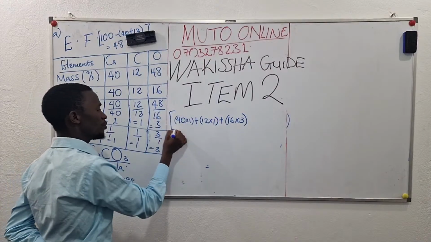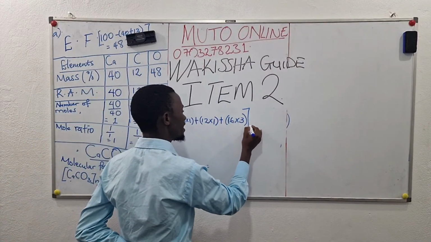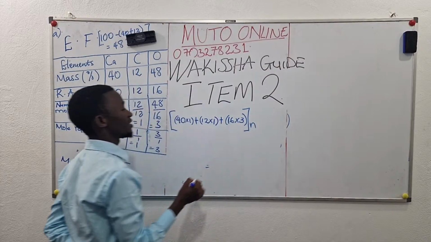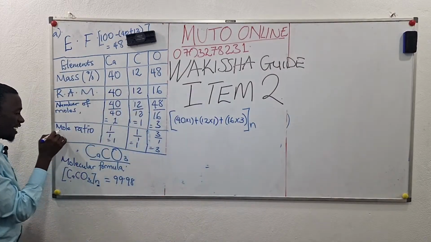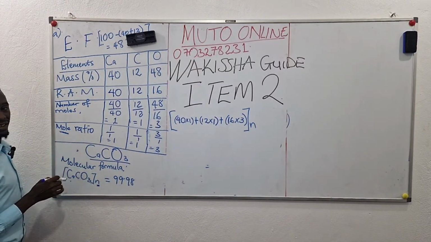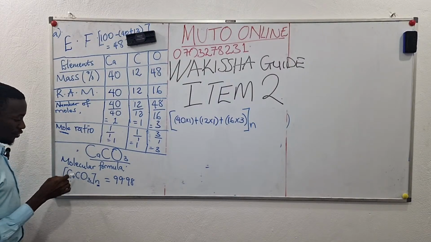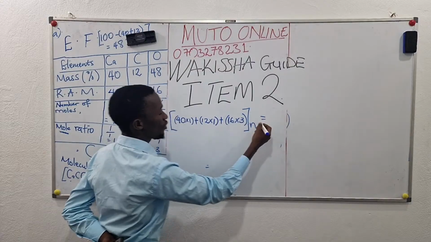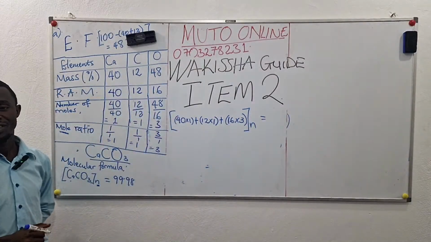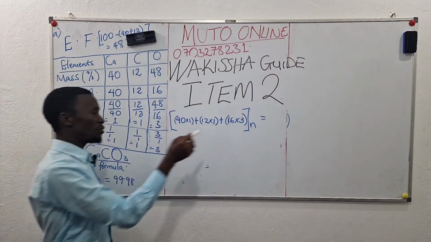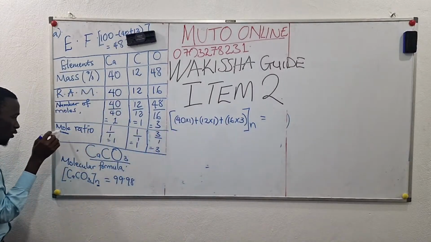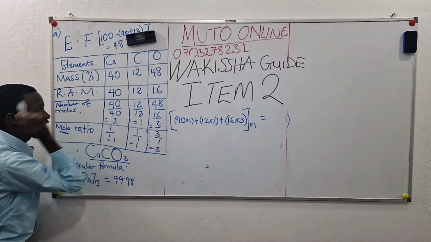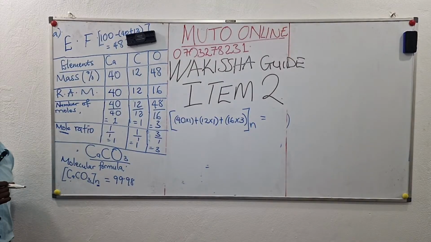All of them multiplied by the predicted number of moles, or the predicted actual ratios of each of them in the compound, which is represented by any unknown of your choice. So the n is representing the actual ratios of each of those elements in the compound.